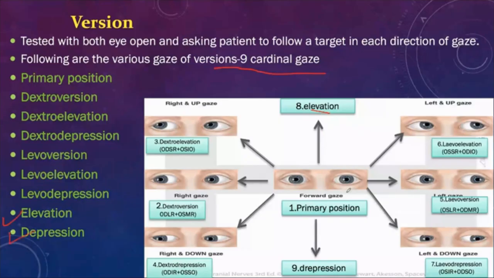If both eyes look up and to the right, this is called dextroelevation. Both eyes look down to the right, this is dextrodepression. Both eyes look up and to the left, it is levoelevation. Both eyes look down to the left, it is levodepression. Both eyes look to the right, it is dextroversion. Both eyes look to the left, it is levoversion. So these are called the version movements.